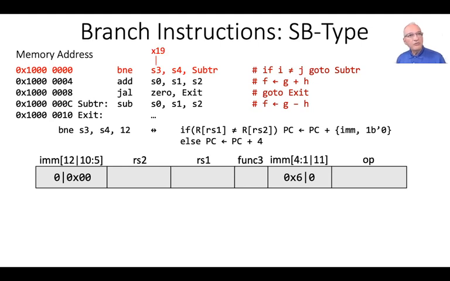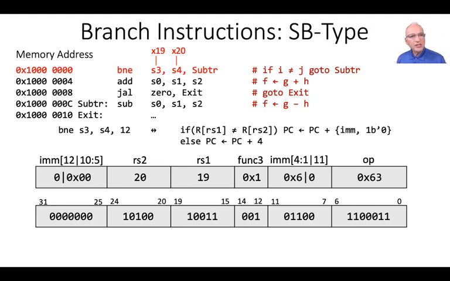Next, we need to encode the value of the registers. S3 is register 19 and S4 is register 20. So we have to have the numbers 19 and 20 in those fields. The function 3 for the branch not equal is 0x1, so that specifies the variant for the branch not equal, and the opcode for the branch instruction is 0x63.